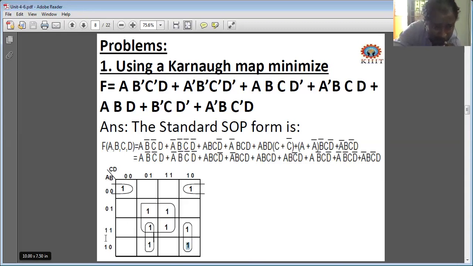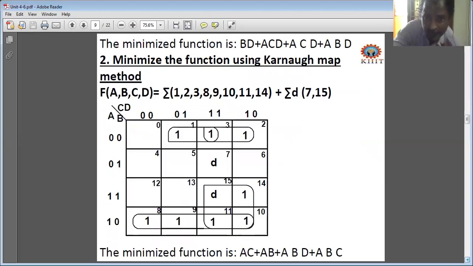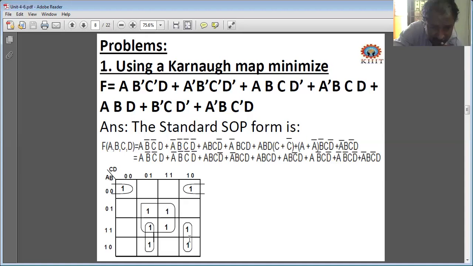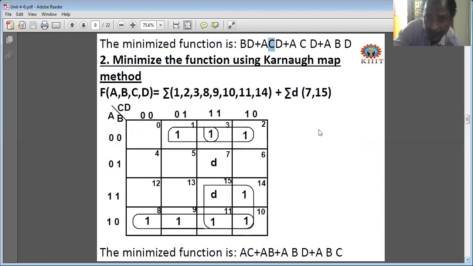For this, the common term is nothing but A, C bar D. Here C bar is there, not written here. Remember, A, C bar D. Then the second term is A, C, D bar, two terms are there.